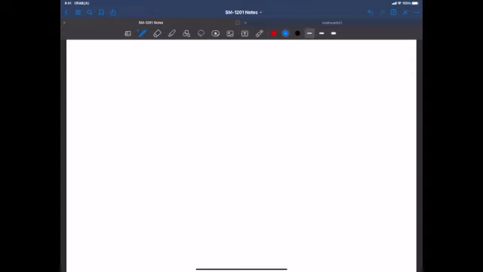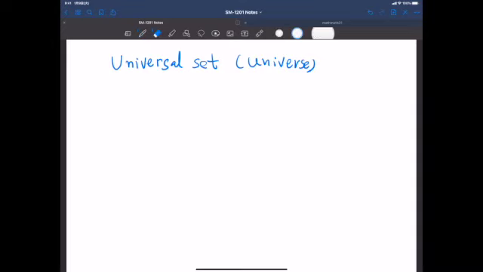Now let us introduce the notion of the universal set, or simply universe. A universal set is the set of everything we want to consider, so to speak. Actually, we cannot define the set of literally everything because that will lead to a very serious contradiction.